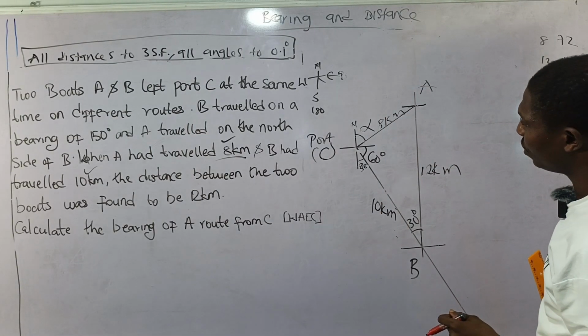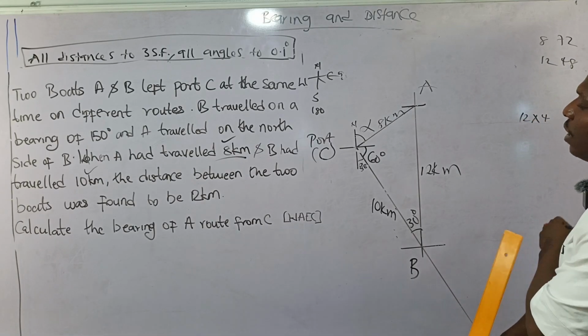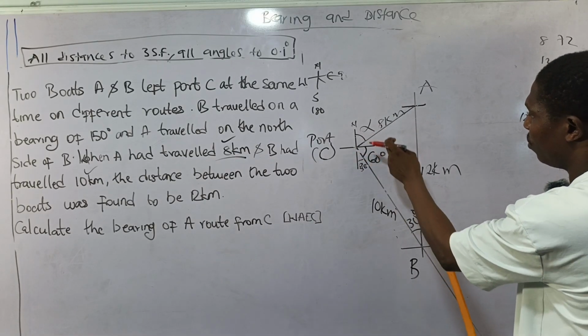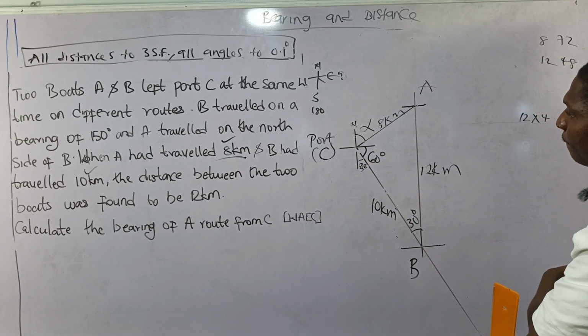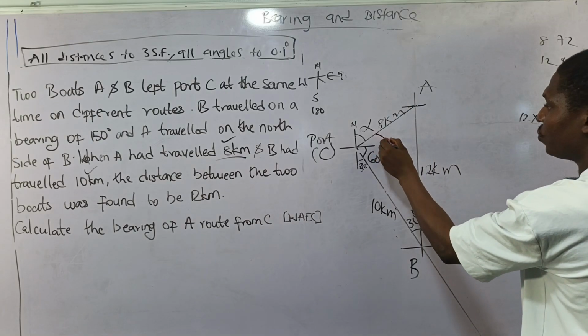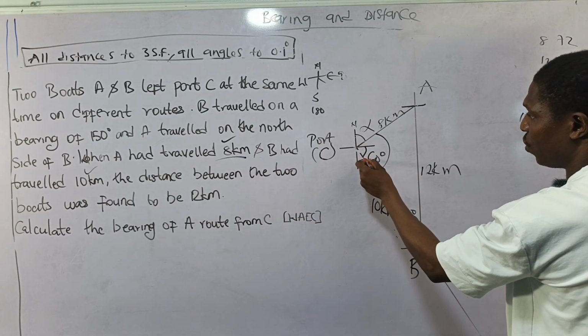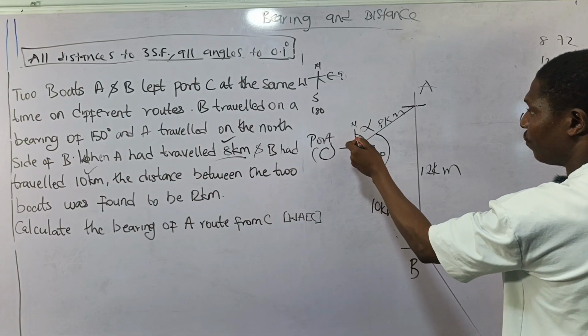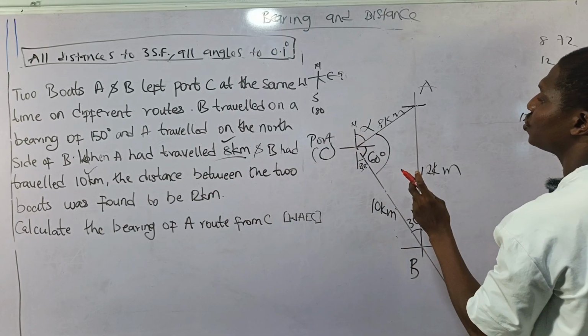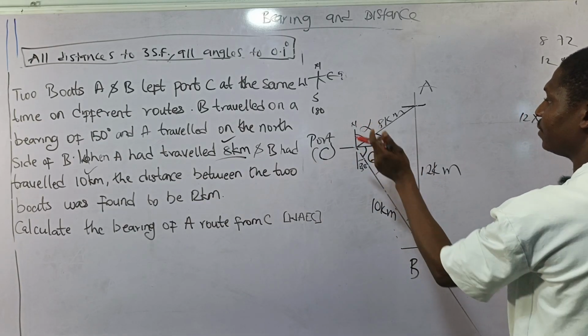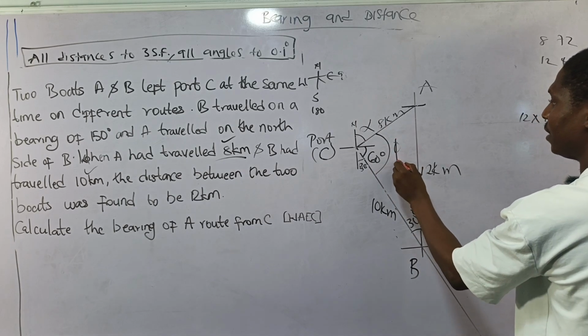So I can look for any of the angles. Now, I know this angle, but I don't know this total angle. If I can get my total angle, remember the north of this to this was given as 150. Let me take this as theta.